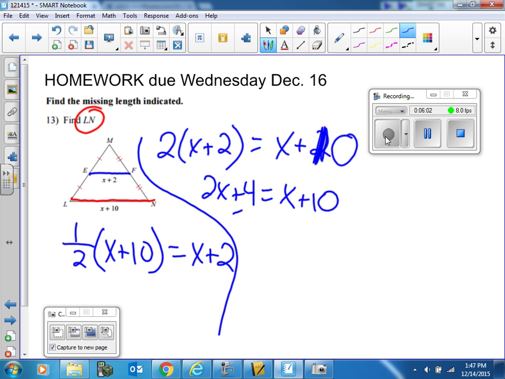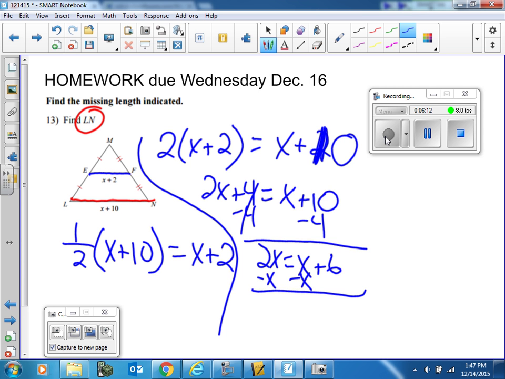And then I can subtract 4, and we end up with 2x is equal to x plus 6. Then we'll subtract x, and you get 1x is equal to 6. But again, you don't just want x, you want to plug that in to find your side. So you're going to have 6 plus 10, so this answer is going to be 16.